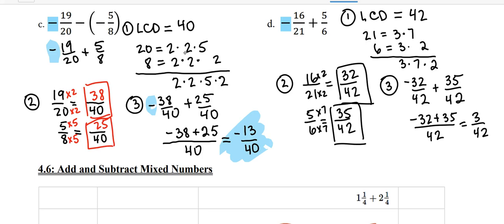Okay. 3 does go into 42 14 times. So I am reducing this fraction, 3 and then 14 times 3 here. That means I have 1 over 14 for my final answer.